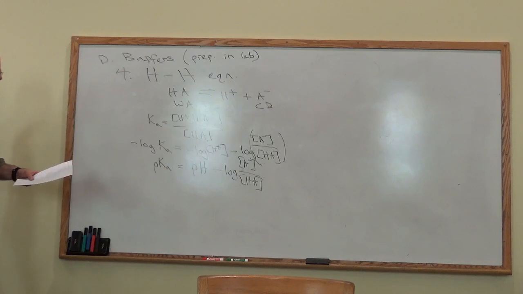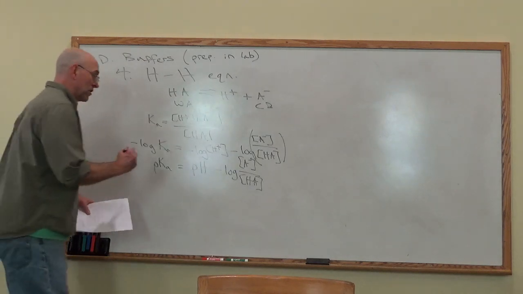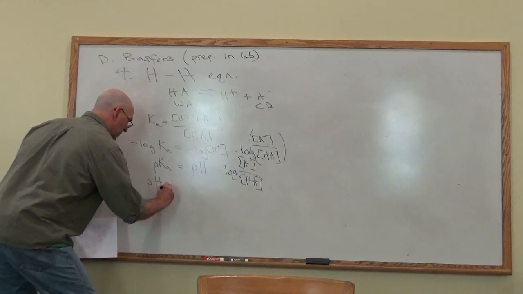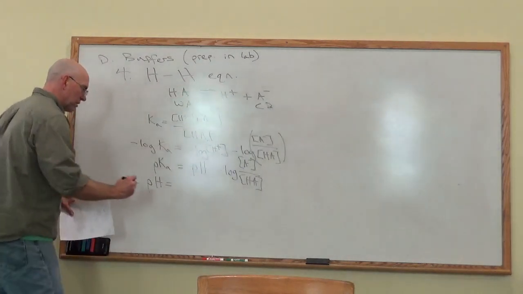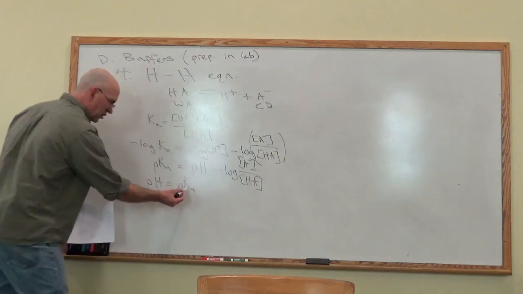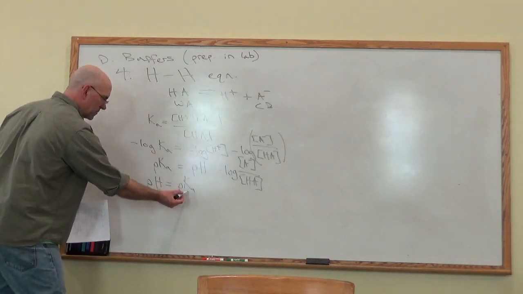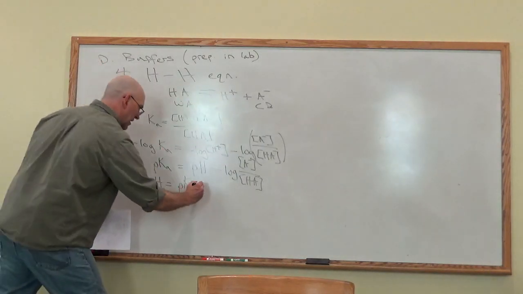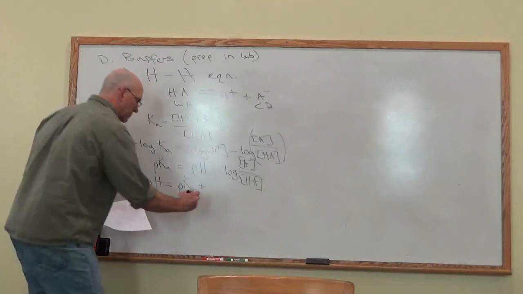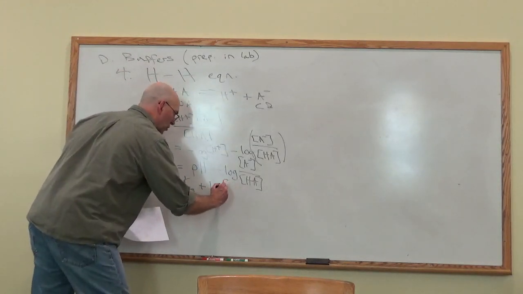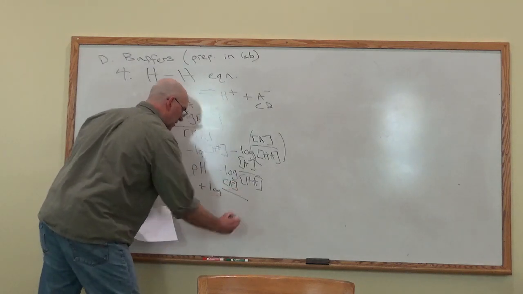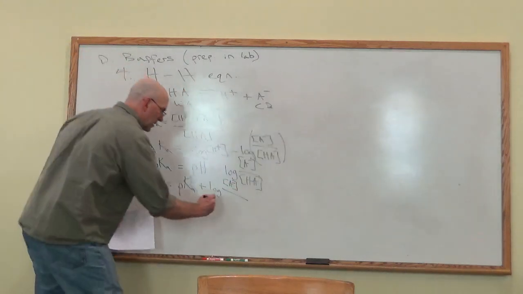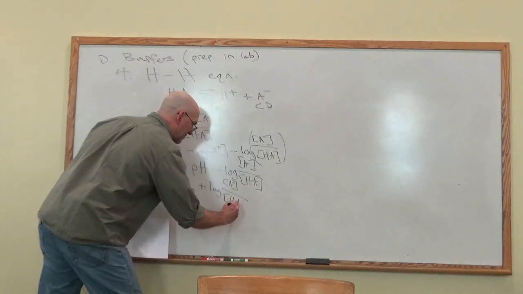So that's fine. Or, if we rearrange it, this tells us how to calculate the pH of a buffered solution. So if you want to know the pH of a buffer solution, you take the pKa, so you look up the Ka on a table, take the pKa of it, and then add to that the logarithm of the ratio of the conjugate base concentration divided by the acid concentration.